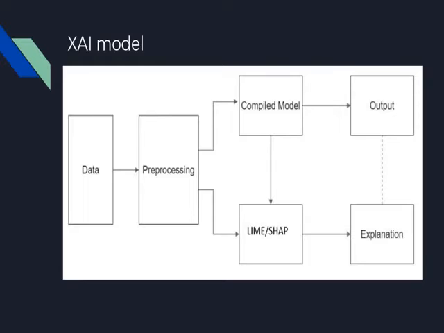Then we supply this pre-processed data to both the compiled model, which detects the microexpression, as well as the LIME or SHAP model. LIME and SHAP are Python packages which are used to explain the outcome using XAI. The compiled model provides which microexpression is detected as the output, and side by side, the LIME model provides the attention for it.